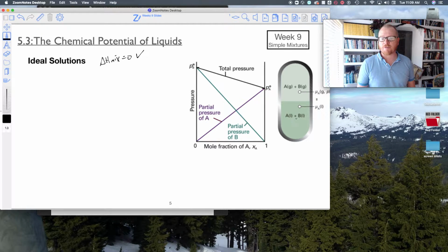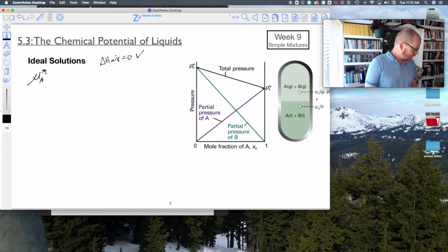When I have a mixture of liquids A and B in some closed container, it will be in equilibrium with the vapor of A and B. Suppose the chemical potential of A, and I'll put a star on there, which denotes a pure phase, so that's my nomenclature, for the gas equals the chemical potential of the pure liquid.